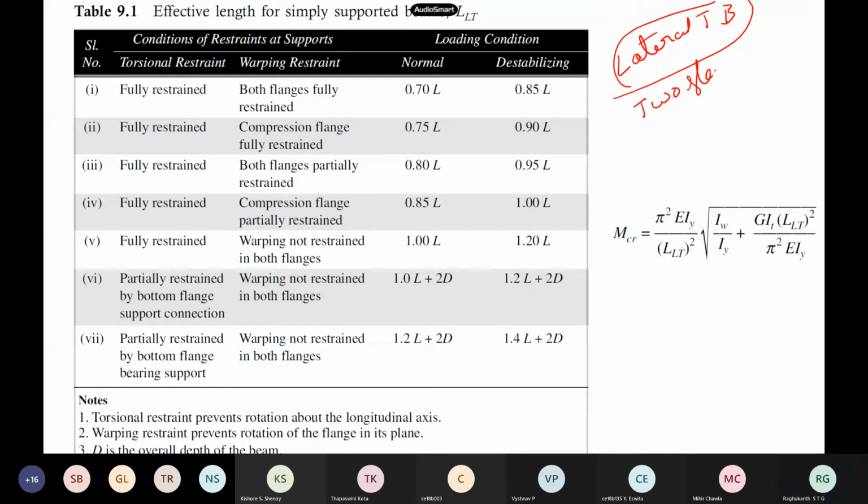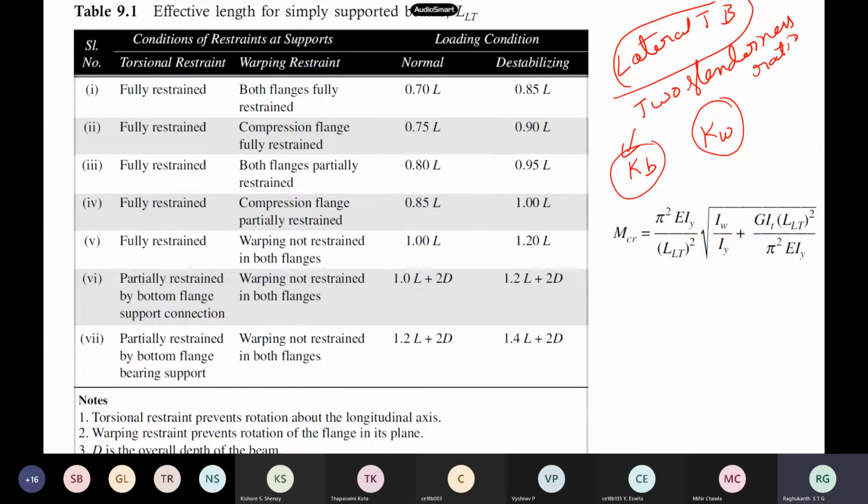If you want to be strict, one slenderness ratio should be linked to bending of the beam, that is the lateral bending, buckling due to bending. Then you can have another slenderness ratio related to torsion, warping, and others also. So two things can be given, but our code takes both as the same and gives you one value itself.